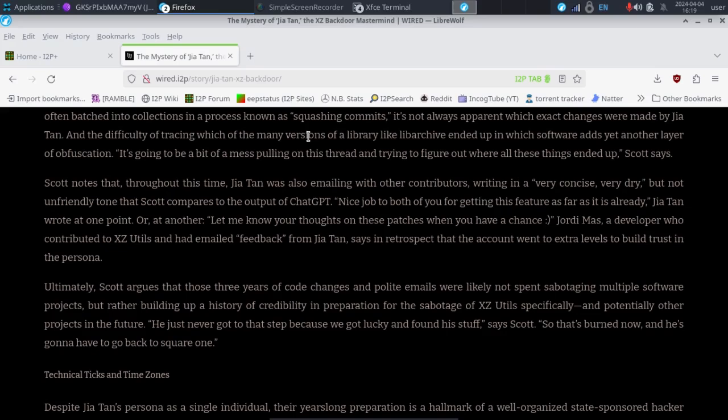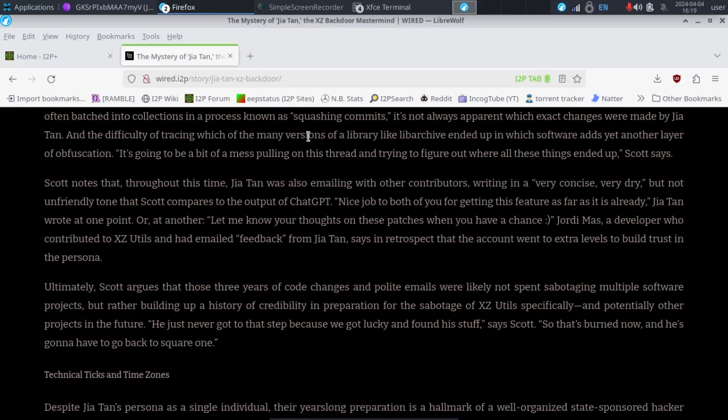Could these comments have been generated by AI? I would say in all likelihood it probably was, in that it's harder to attribute something when you don't have things like stylometry on your side, including the quote, "Nice job on both of you for getting this feature as far as it is already. Let me know your thoughts on these patches when you get a chance," smiley face.